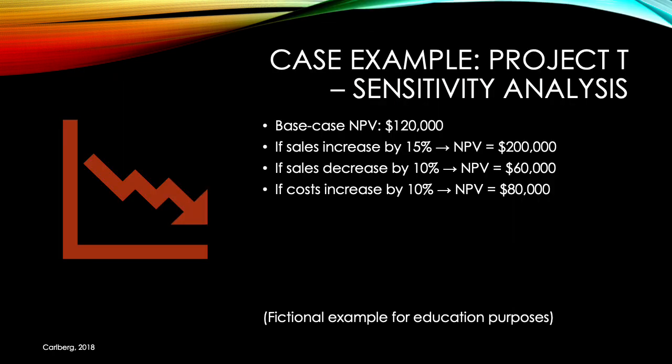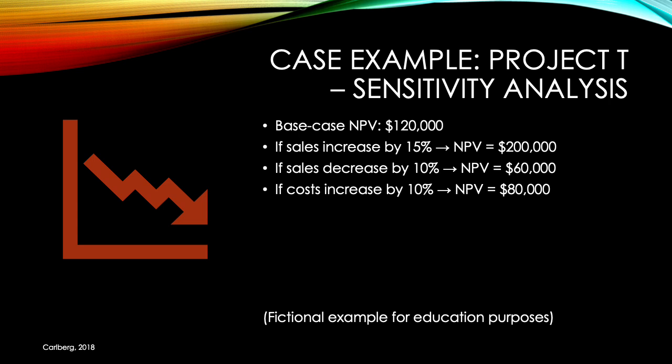Let me show you a simplified example to bring all of this together. Imagine a fictional project, Project T, with a base case NPV of $120,000. If sales increase by 15%, the NPV jumps to $200,000. If sales drop by just 10%, NPV falls to $60,000. Meanwhile, if costs rise by 10%, the NPV drops to $80,000.